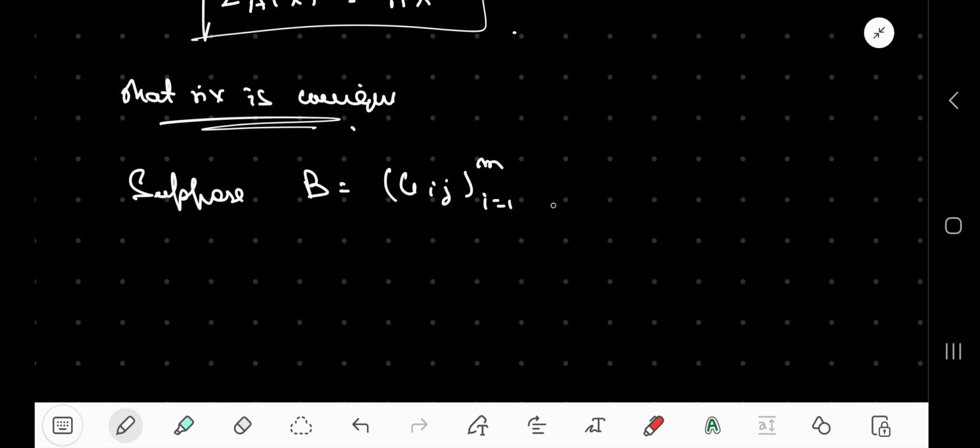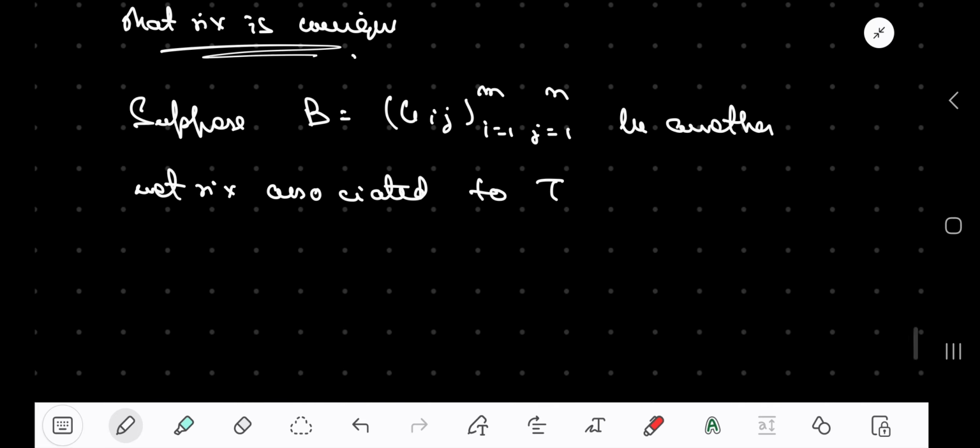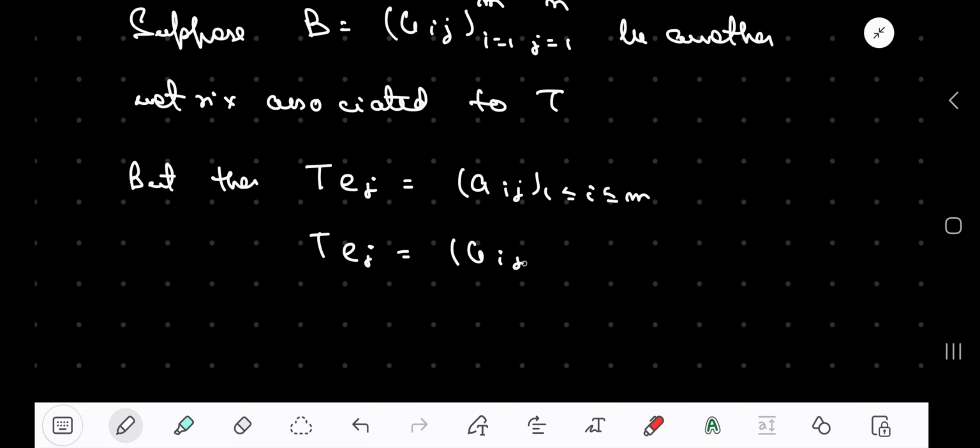So i equals 1 to m, j equals 1 to n, be another matrix associated to T. So I am continuing the proof a bit here, but then T of ej is Aij, it was already Aij, 1 less than or equal to i less than or equal to m, and this new matrix also comes into consideration here, right?